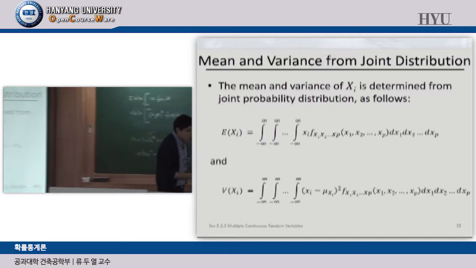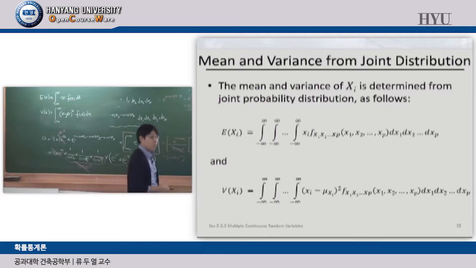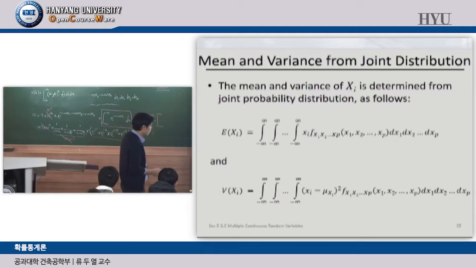So in this case, the identical formulation also can be applied, but the only difference is that this normal probability density function is changed to the joint probability density function, and also the number of random variables is increased to the multiple case. Okay, but the equations are exactly the same.